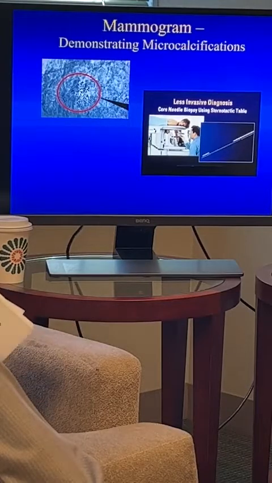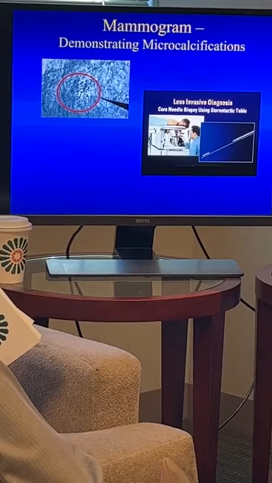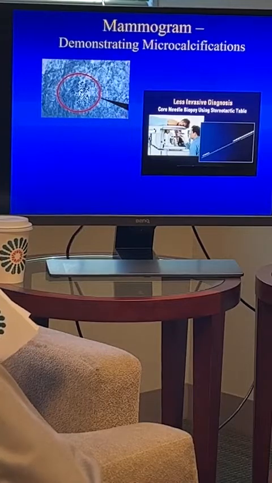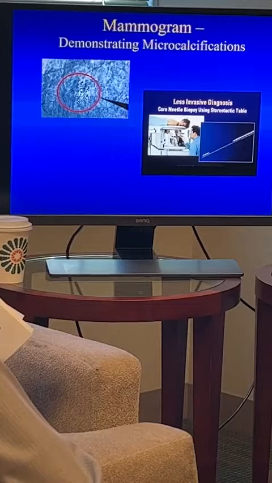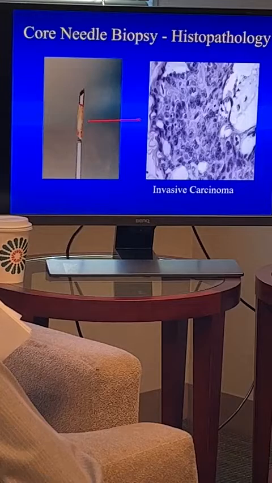We're suspicious of that. But you can't see that on ultrasound. So we use the mammogram and what's called a stereotactic biopsy to perform that. It'll give us a sliver of tissue, which is plenty for the pathologists. And in fact, here you can see on the left, there's a notch within that needle, and this is approximately 2 centimeters, so a little less than an inch long piece of tissue.